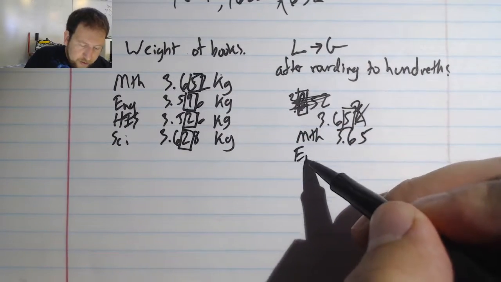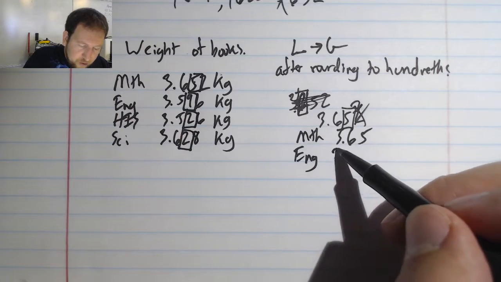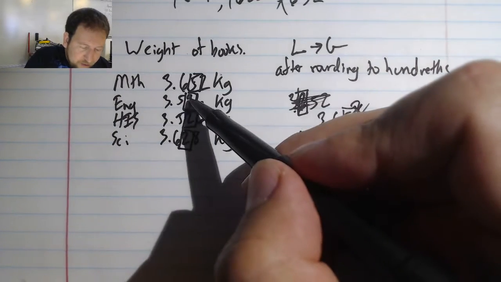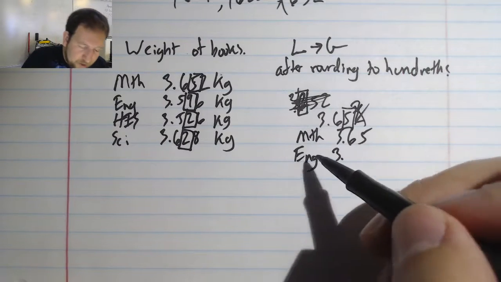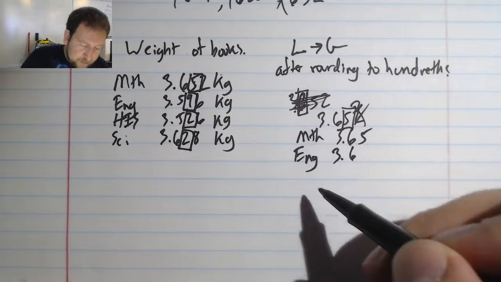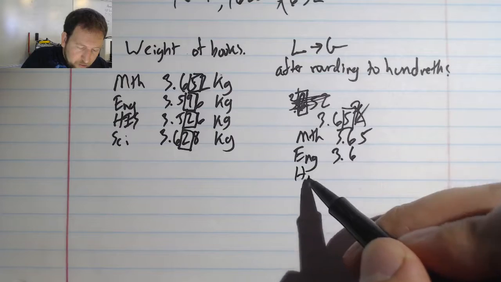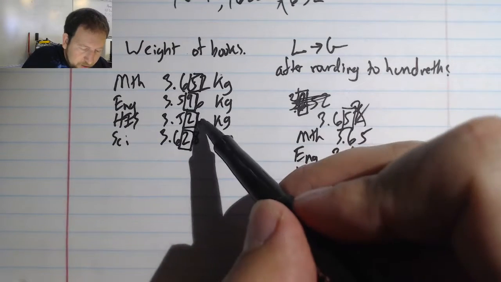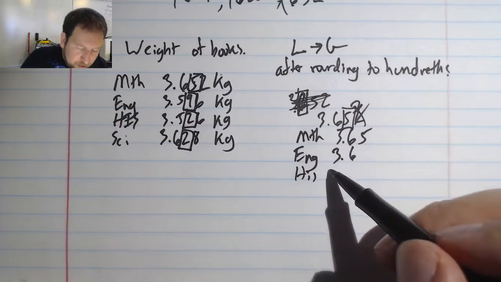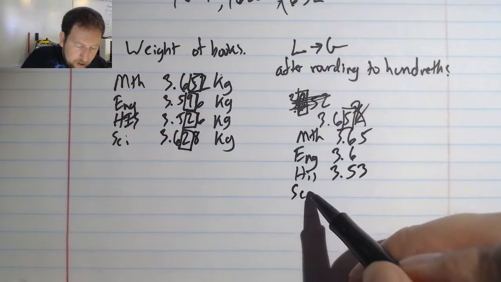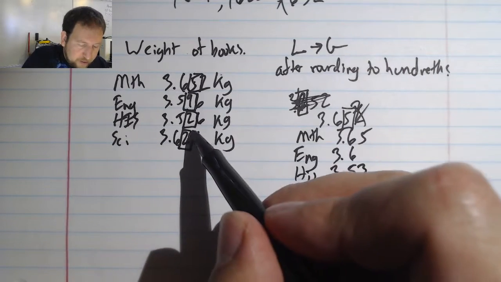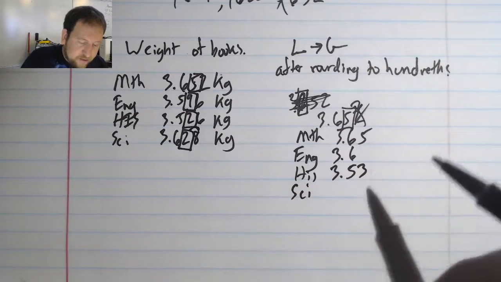So my English is going to go 3 point, and then since this is a 9, I add 1, and I'm going to make it into a 10, but I carry it over. So this is really going to be 3.6. My history, this is a 6, so it goes up 1. So I'm going to go 3.53. And my science, 3.628. I'm going to look over. My 8 is going to push it up 1, so I have 3.63.